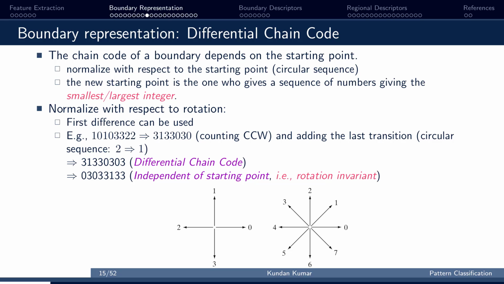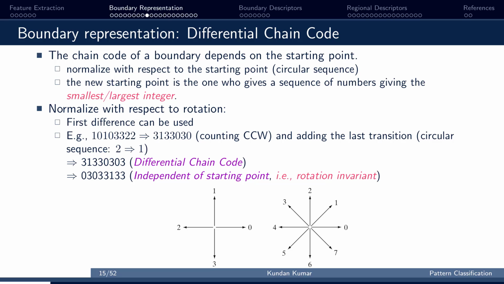That means once the object is rotated, then the Chain code will vary. As we discussed, whatever boundary representation we need, that means whatever features we extract, should be scale invariant, translation invariant, rotation invariant, and some affine or illuminance invariant. But it is very clear here that it depends on the starting point. That means it is rotation variant.